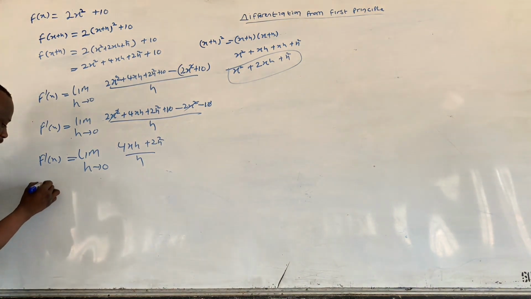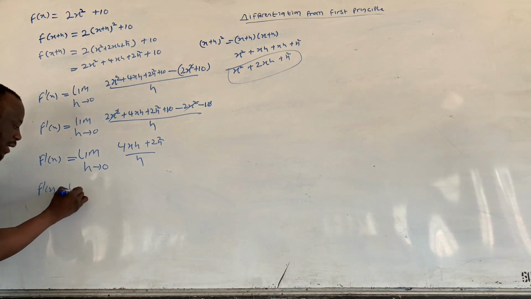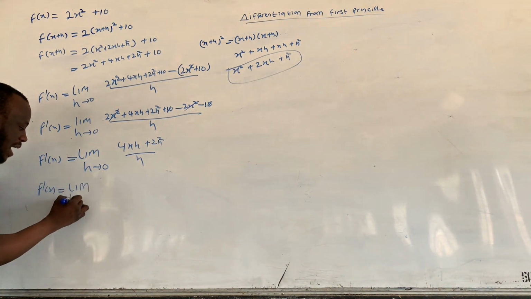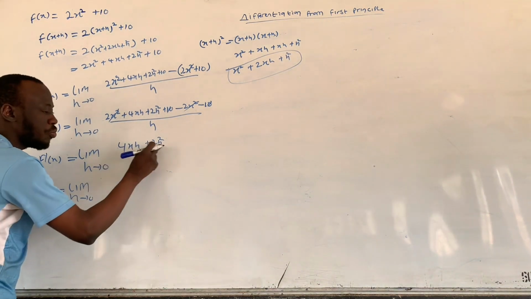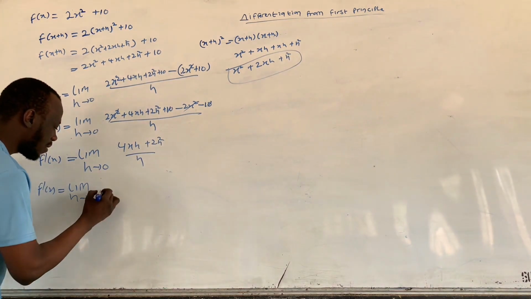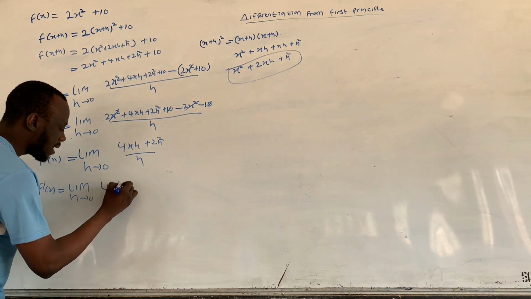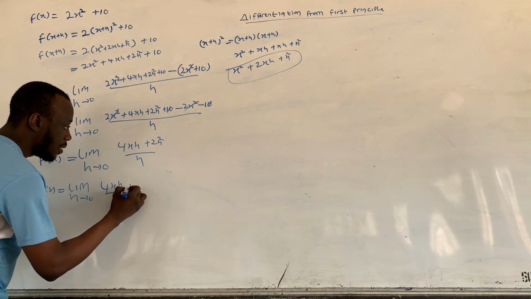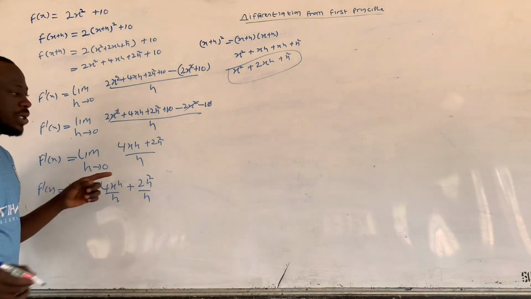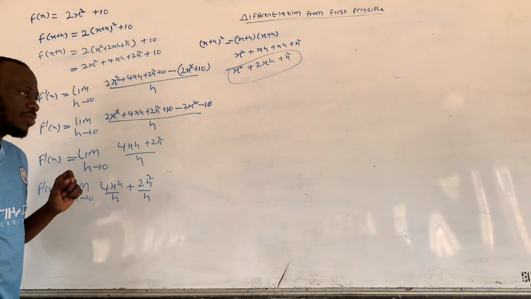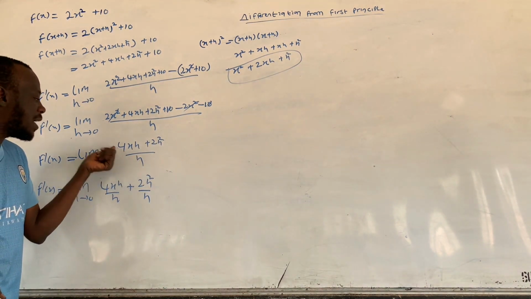We have f prime of x equals the limit as h approaches 0. This h belongs to this one, also belongs to this one, so it becomes 4xh over h plus 2h squared over h. Why? Because this h belongs to this, so we divide h by h here.